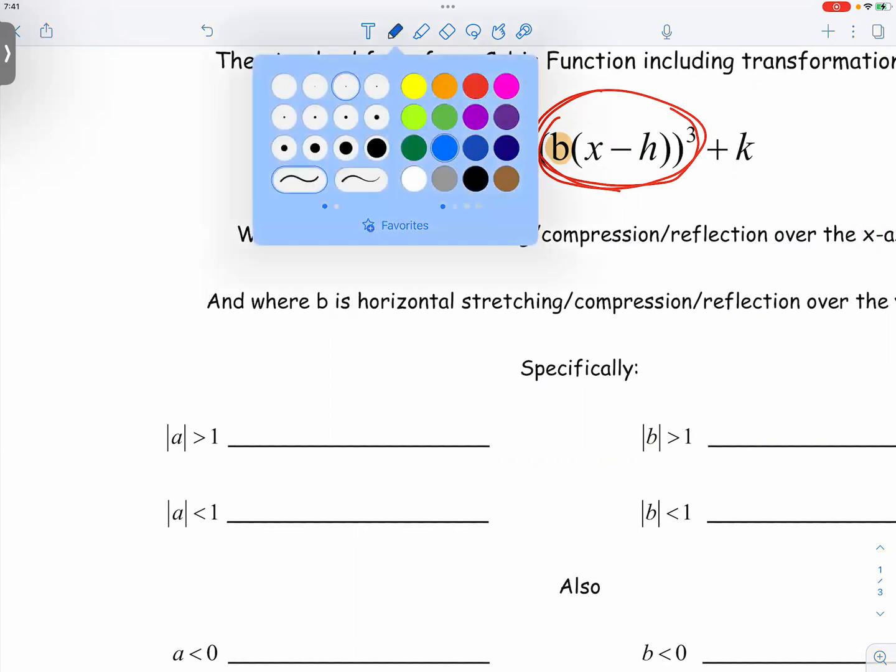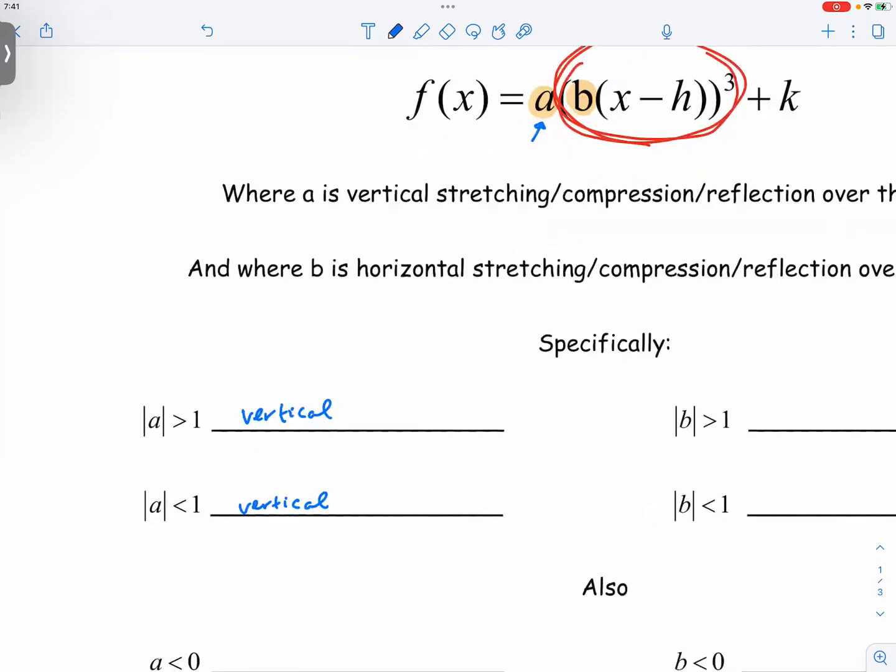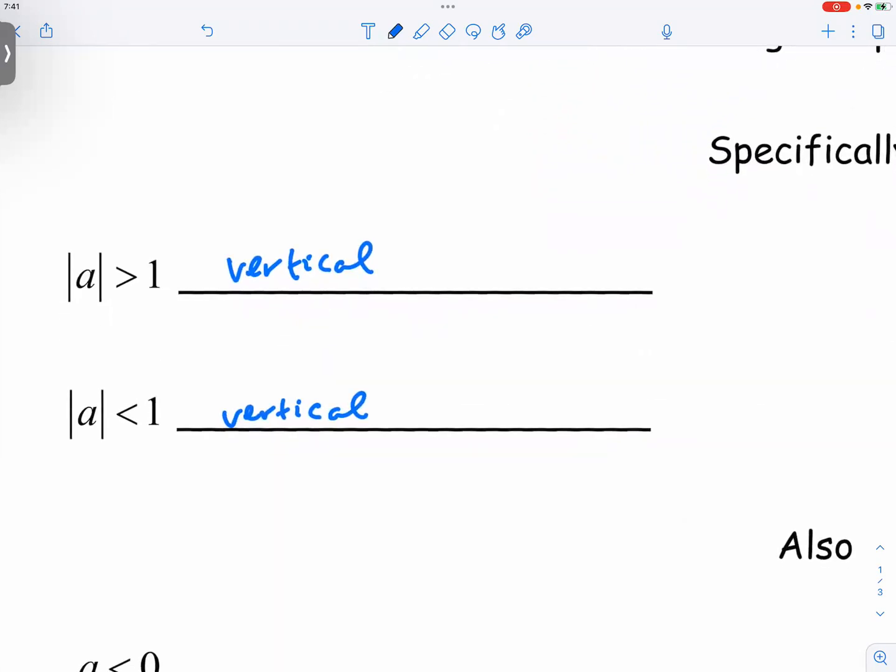So the A value would be your vertical stretch or compression. And if the absolute value of A is bigger than 1, then we say it's a vertical stretch by A, by the number A, okay?